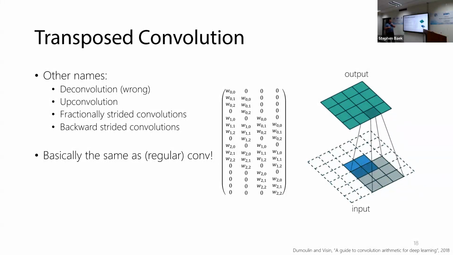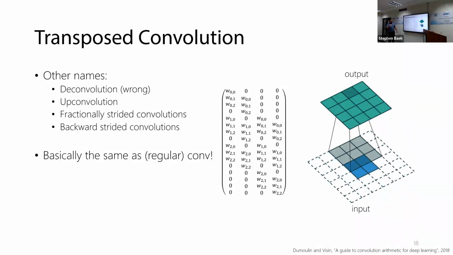Initially, when people first invented this method, they used to call it a deconvolution layer. That terminology is wrong because if you're a mathematician, deconvolution is something else. There's a thing called deconvolution, which is quite different from this particular thing.